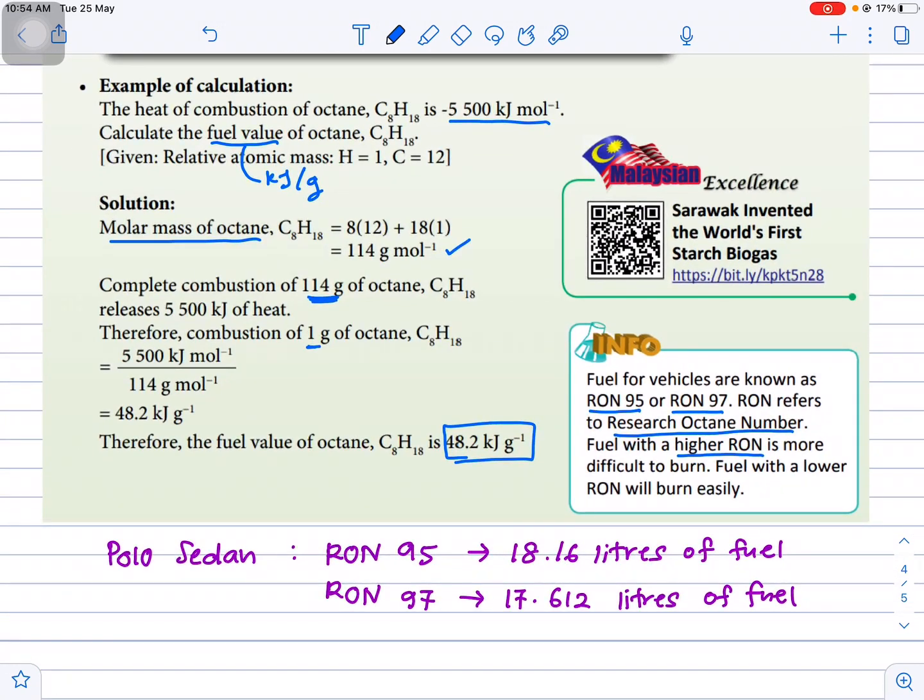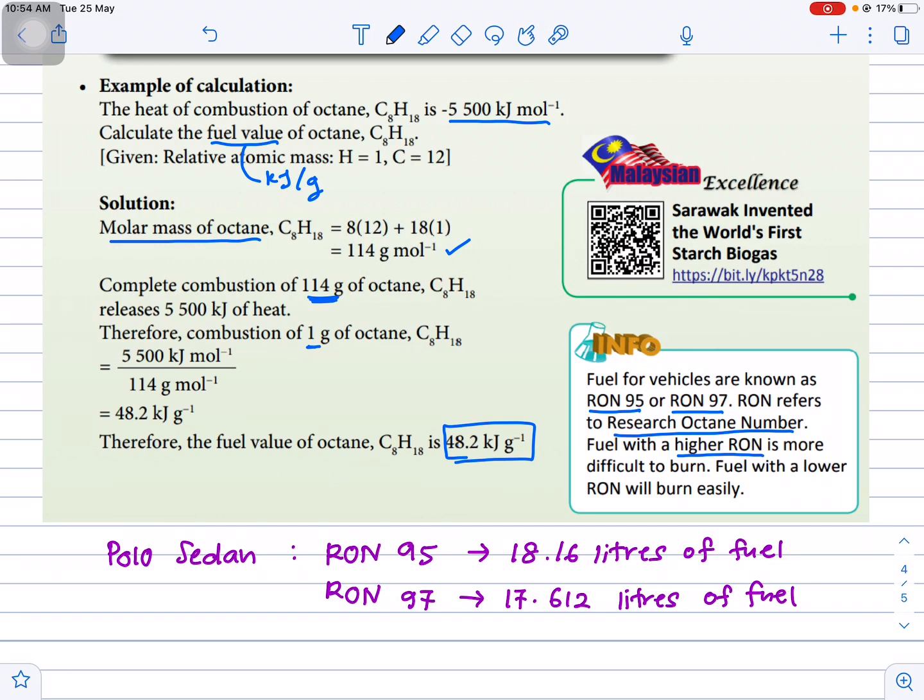For example, if we have a Polo sedan car, by using RON 95 I need 18.16 liters of fuel. If I use RON 97, I just need 17.612 liters of fuel. So if you look at these values, RON 97 needs only a little amount compared to RON 95.